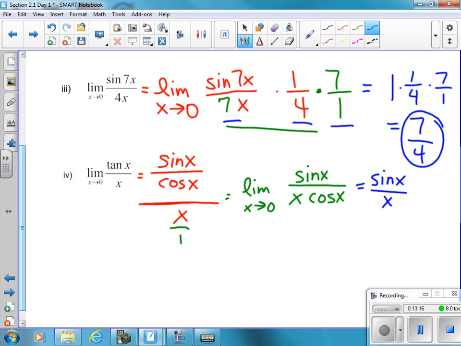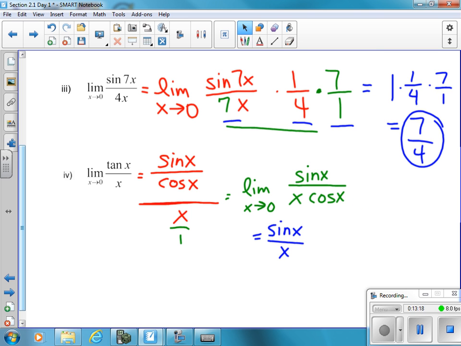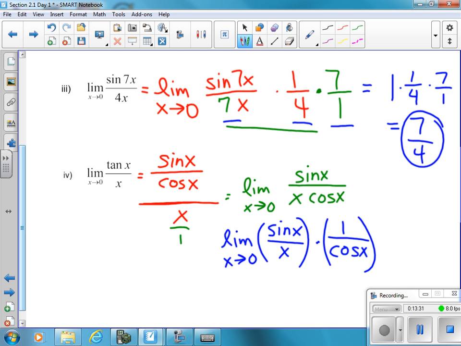We know that sine of x over x, and then we're going to multiply that times 1 over cosine of x, and take the limit as x goes to 0. So we have this times this. If we plug a 0 into sine of x over x, we know that the limit is equal to 1. If we plug a 0 into cosine, cosine of 0 is 1. So we have 1 times 1, and so our total limit is just 1.